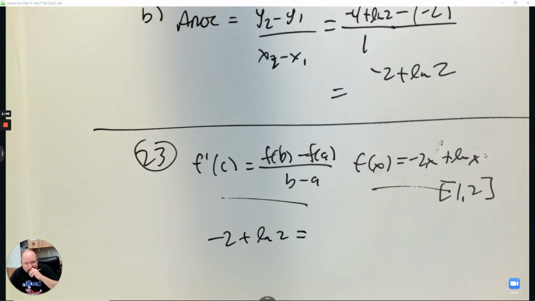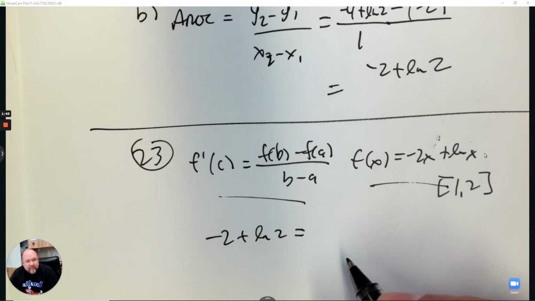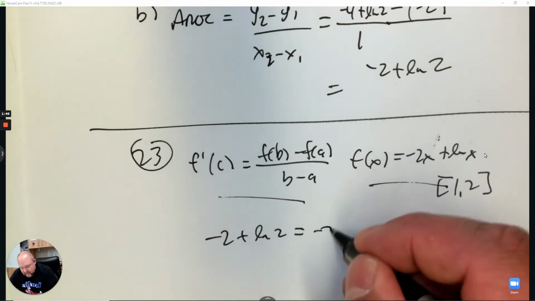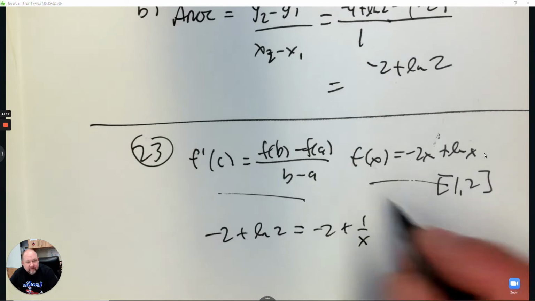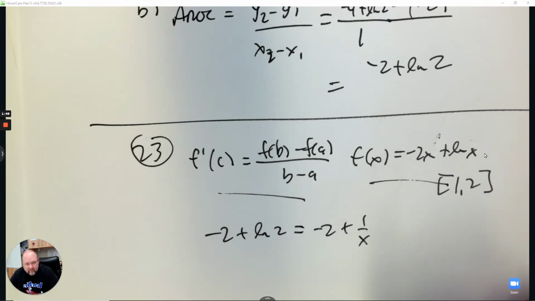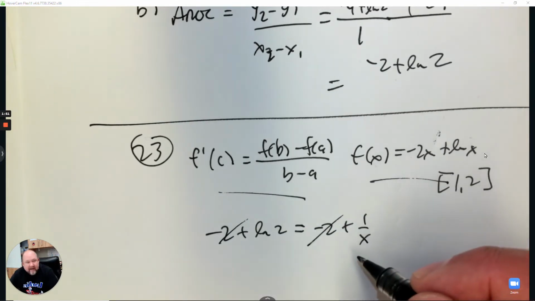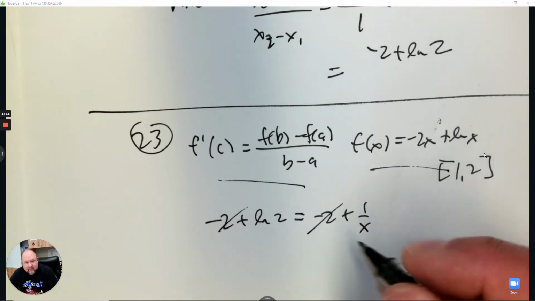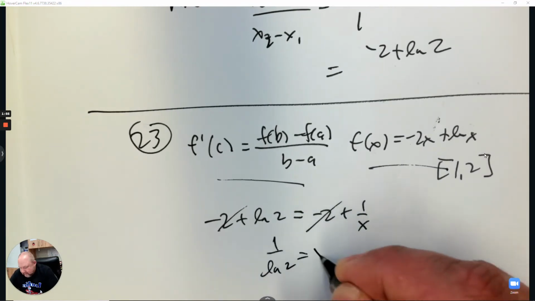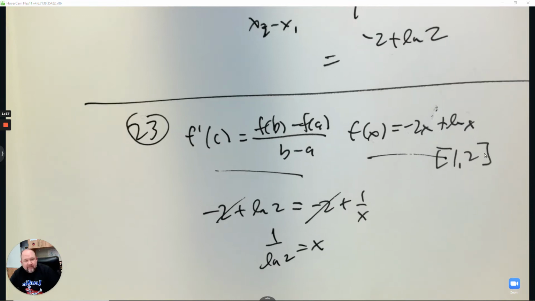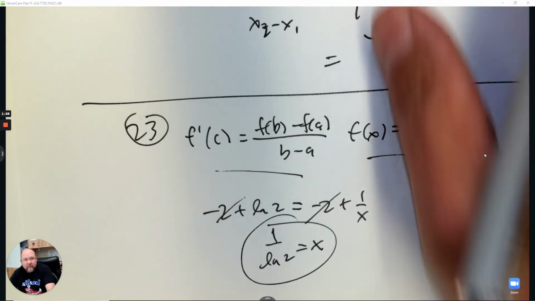That's the AROC. And then the derivative is -2 plus 1 over x. We make them equal to each other and then solve for x. So these add out and then do the reciprocal. And x equals 1 over ln 2. Done. At that value, AROC equals IROC.